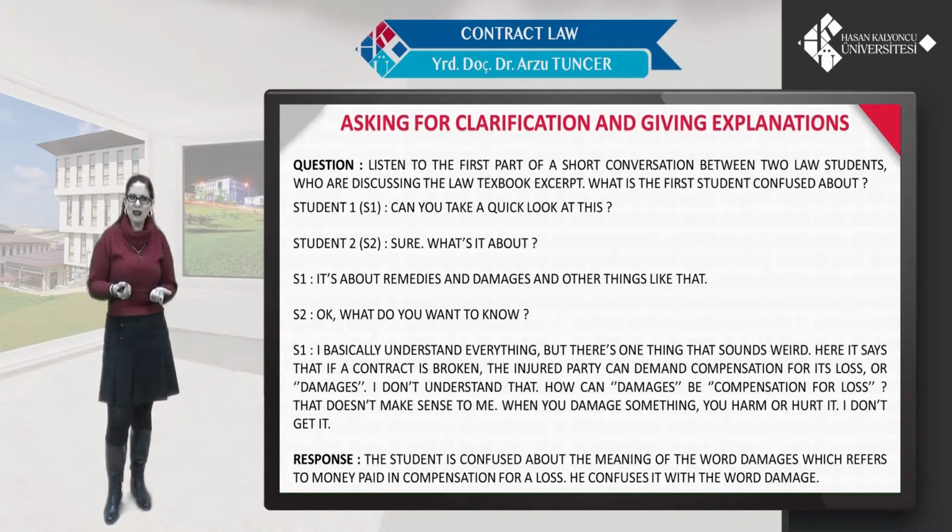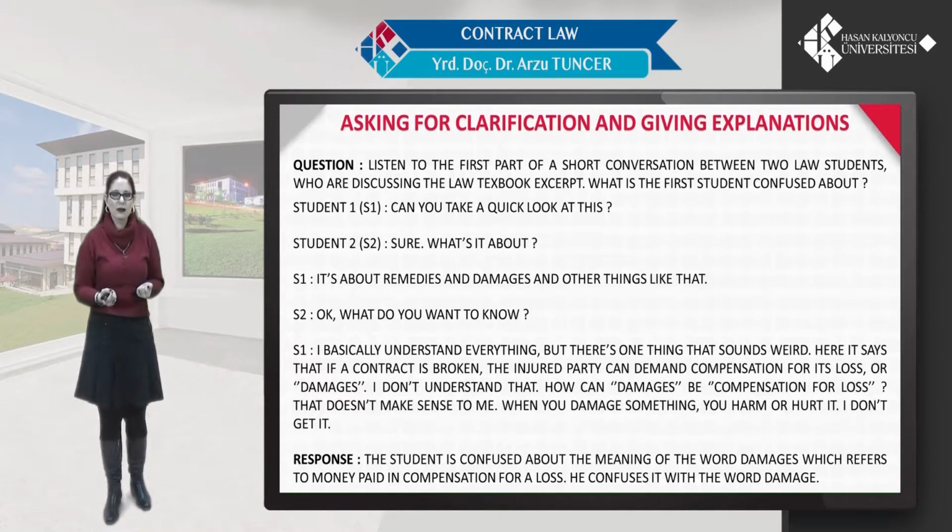Here it says that if a contract is broken, the injured party can demand compensation for its loss or damages. I don't understand that. How can damages be compensation for loss? That doesn't make sense to me. When you damage something, you harm or hurt it. I don't get it.